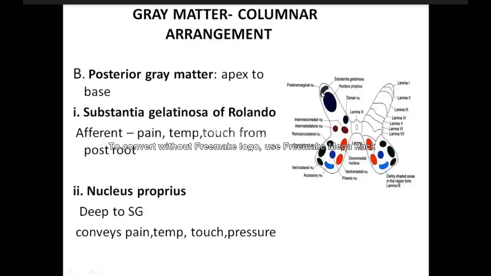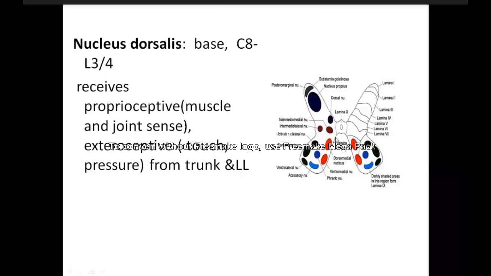And just below it is the nucleus proprius. You should know all this. This is the nucleus proprius. It lies deep to the substantia gelatinosa, and it also conveys sensations like pressure, touch, pain, and temperature. And at the base there is the dorsal nucleus, at the base of the posterior horn, and it mainly receives proprioceptive as well as exteroceptive sensations.